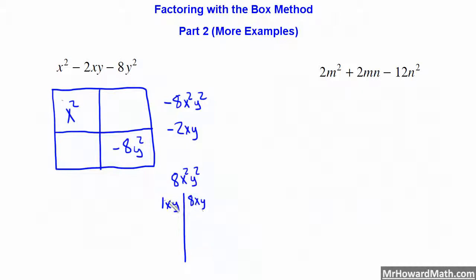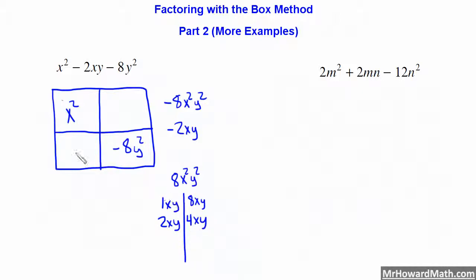Okay, that would give us a 9xy or a 7xy when we combine them, so that's not going to work. Product works, but not the sum. Okay, so let's try a 2xy and a 4xy. Okay, that gives us 6 or 2. Okay, so it looks like that will be it right there.